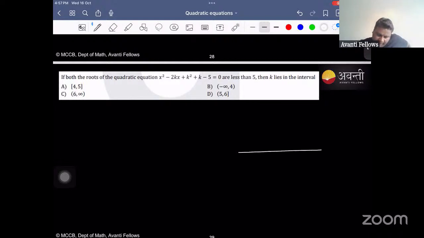So both roots of this quadratic equation are less than 5. Means the case is like this. This is 5 and both roots are less than 5. Am I correct? So what we have to do? First of all, d more than or equal to 0. Now the average of roots, alpha plus beta by 2, should be less than 5.